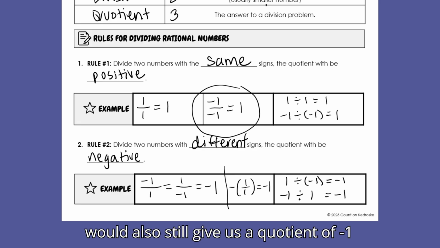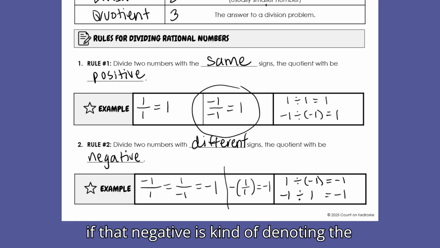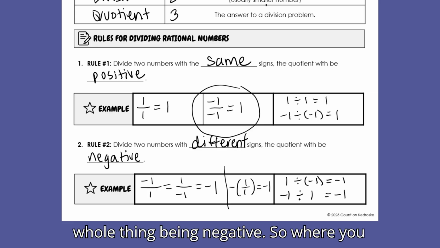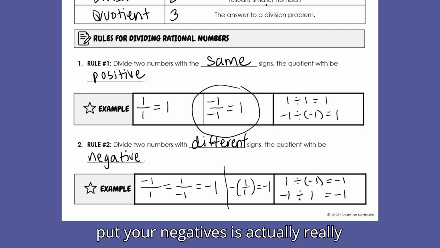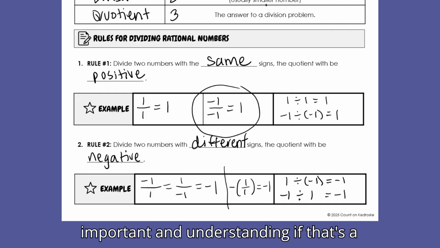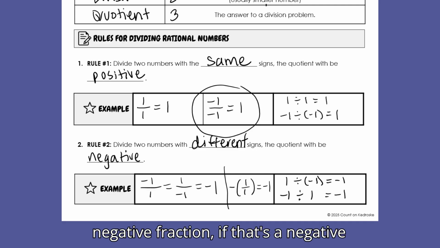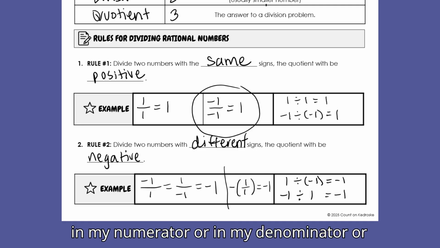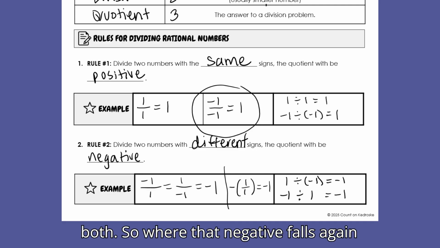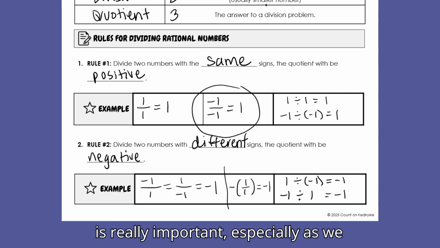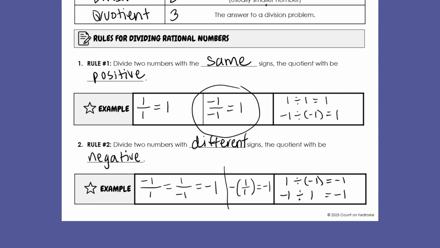And that would also still give us a quotient of negative 1 if that negative is denoting the whole thing being negative. So where you put your negatives is really important in understanding if that's a negative fraction, if that's a negative in my numerator or in my denominator, or both. Where that negative falls is really important, especially as you move forward in math class.